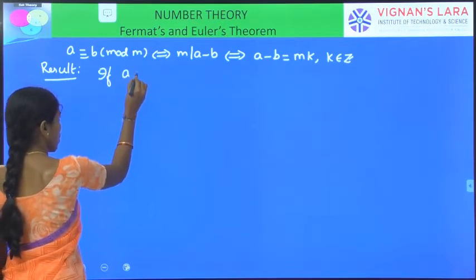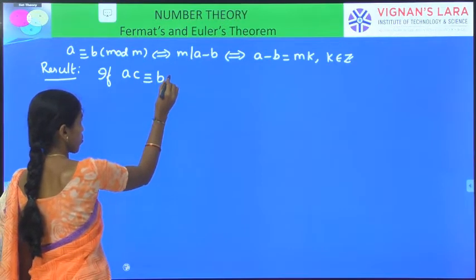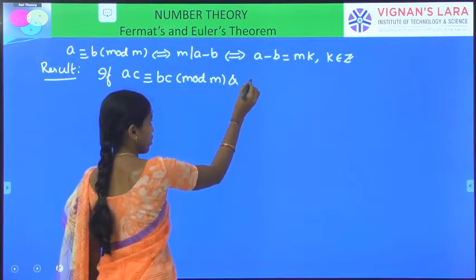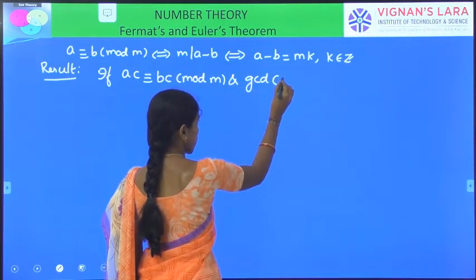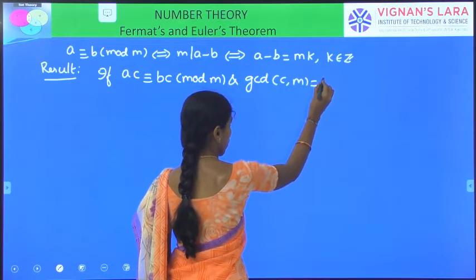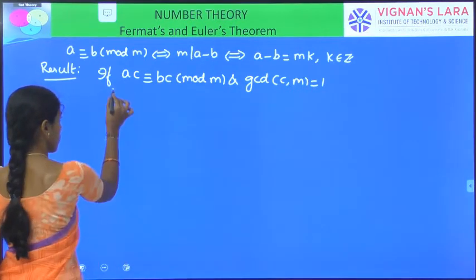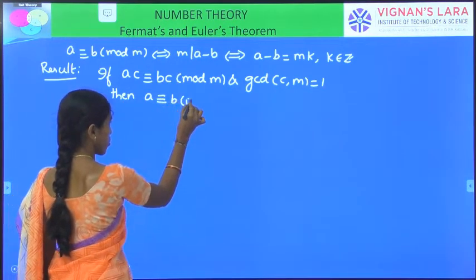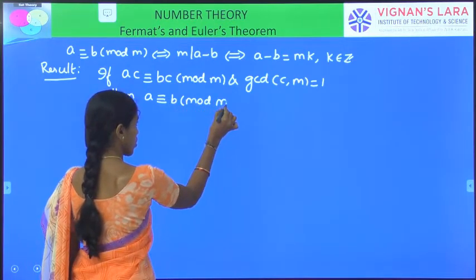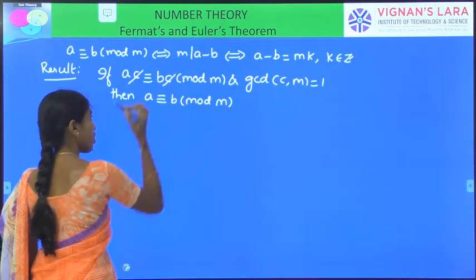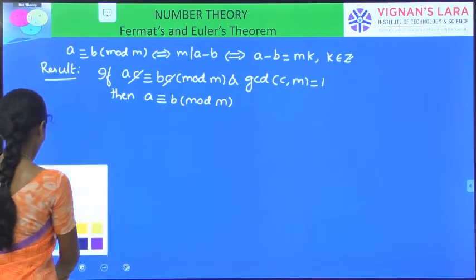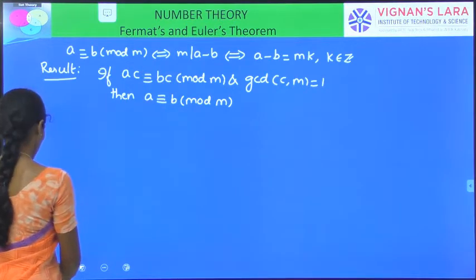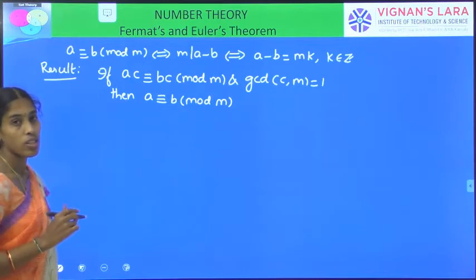If AC is congruent to BC modulo M, and GCD of C comma M is equal to 1, then A is congruent to B mod M, by cancelling C on both sides. This is the result you need to remember.